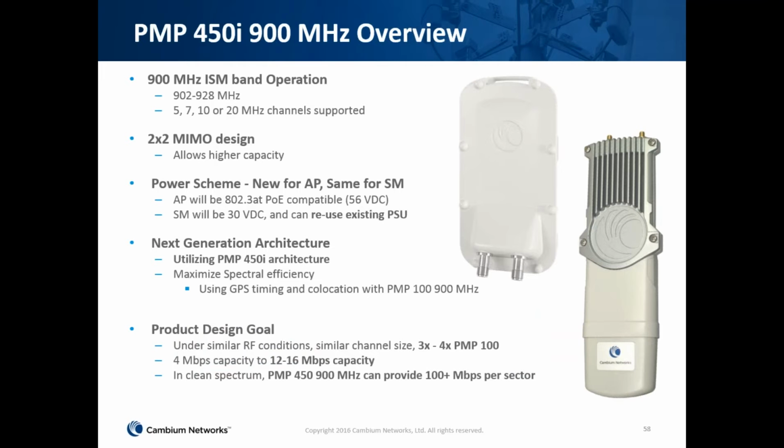Very important here that I need to bring this up. The 900 megahertz radio for the PMP 450: the lower the frequency, the greater the propagation of a radio. And the 900 megahertz, we introduced that about a year ago.